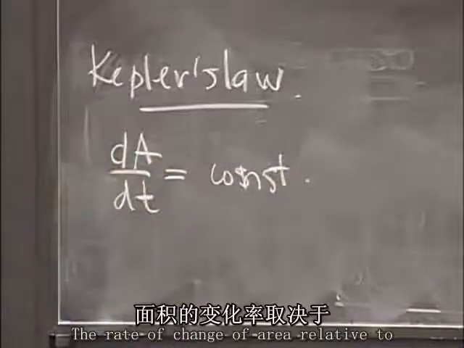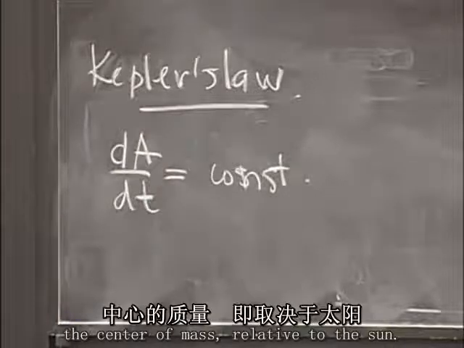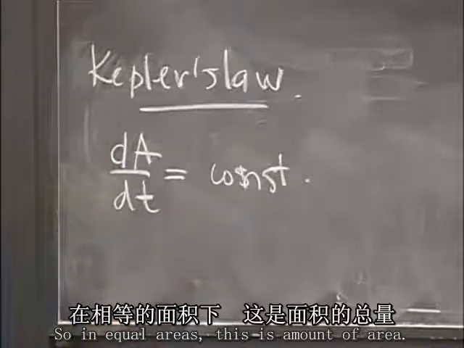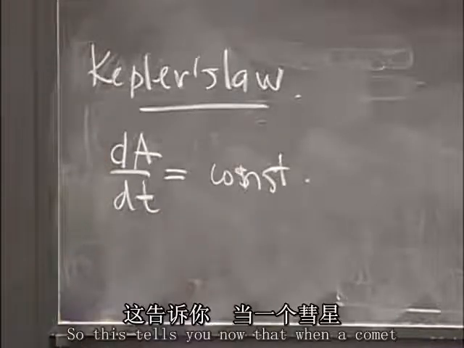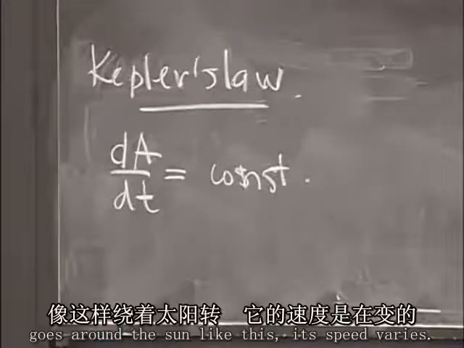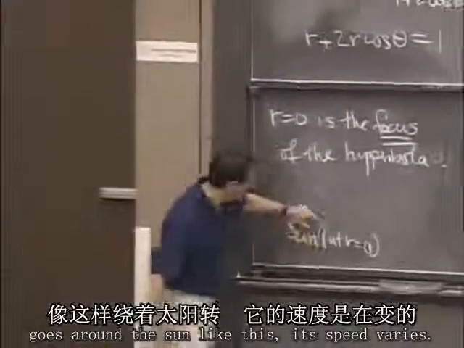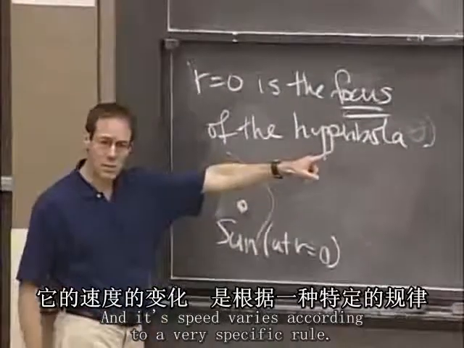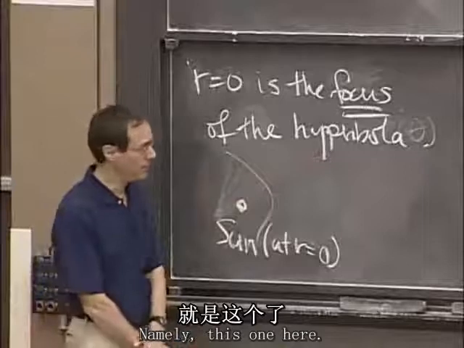The rate of change of area relative to the center of mass, relative to the sun. So in equal times, this is the amount of area. So this tells you now that when a comet goes around the sun like this, its speed varies, and its speed varies according to a very specific rule, namely this one here.